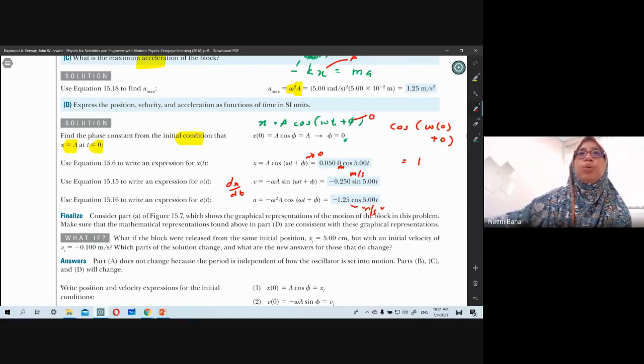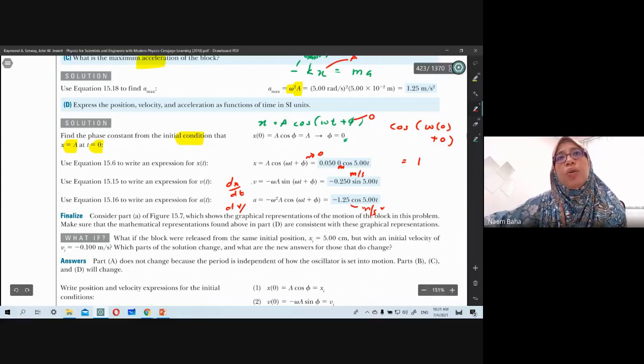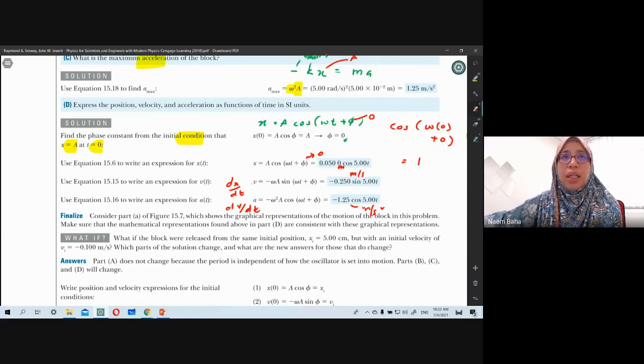When you follow through the rules, cos turning into sine should come with a negative, but sine turning into cos would not be a positive value; it brings this negative to here. So this is dv/dt. All right. Okay, so the rest is just mathematics. Try it out.